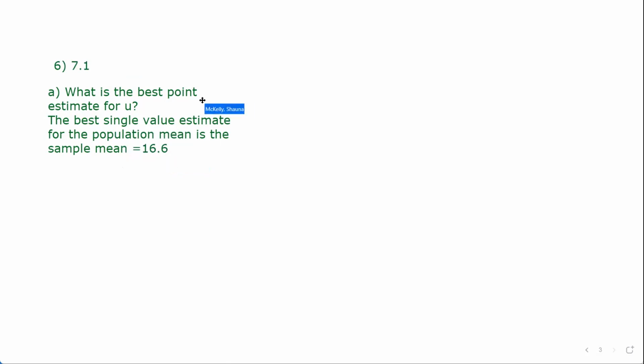Because your confidence interval formula is this. You'll find this on the slide. You have X bar in the middle, so that is your point estimate. That's this 16.6 right here.